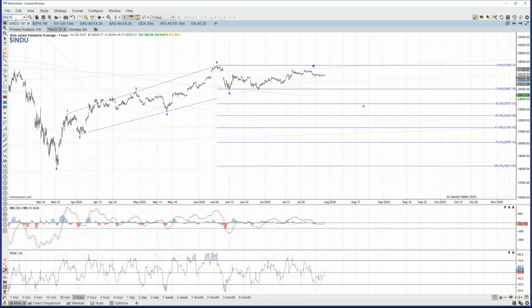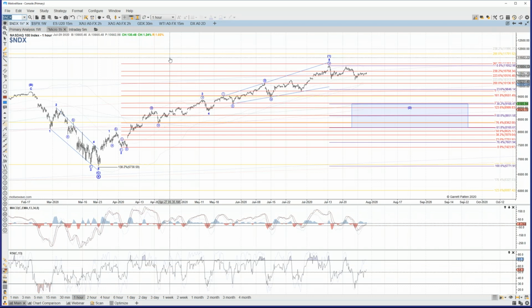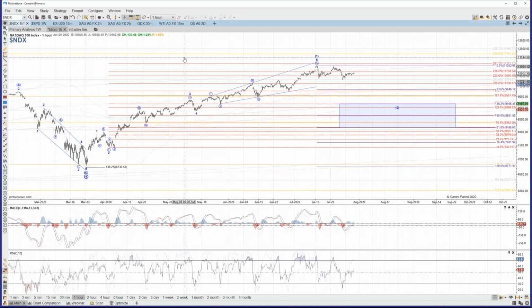The NASDAQ is the one chart that has stood out as being much different. And really that is why I believe that we've struggled to see any downside follow through recently. It has been pretty much carried by those mega cap FANG stocks and other momentum growth tech stocks.